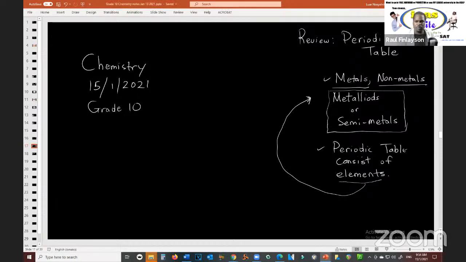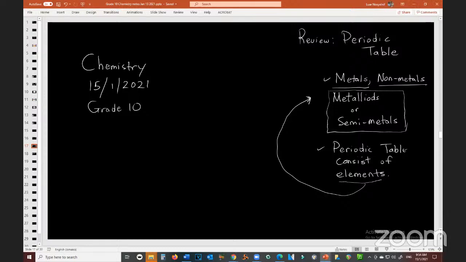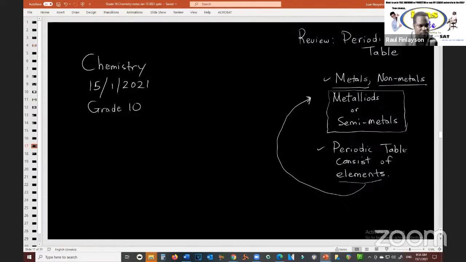Today what we want to look at is the rows and the columns of the periodic table, because they are like shelves in a library. Everybody in this class has been to a library before? Is there anyone who has not been to a library?